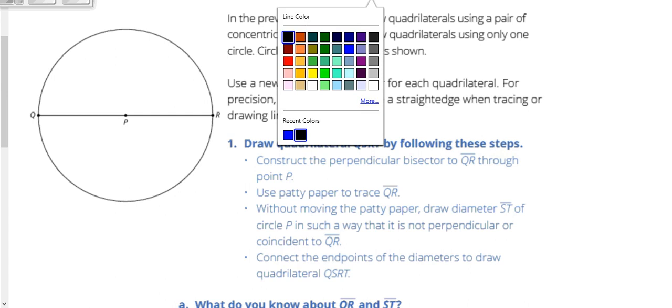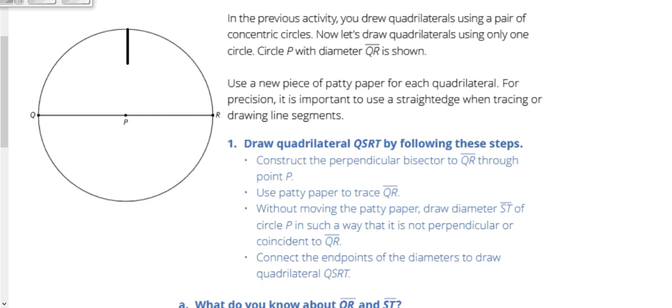All right, so try and make it as perpendicular as you can. It doesn't have to be exactly perfect, but try and make it to where it goes through the center and appears to be perpendicular, so that you have that perpendicular part to it without having to go through a full construction.